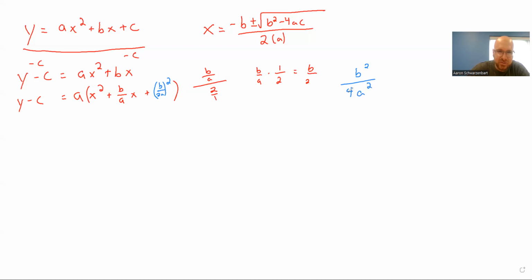So I've squared the 2 as well. Then to this side, I have to multiply it by a, which a times b squared over 4a squared will cancel the squared here. I cancel 1a from each. So I'm adding b squared over 4a.